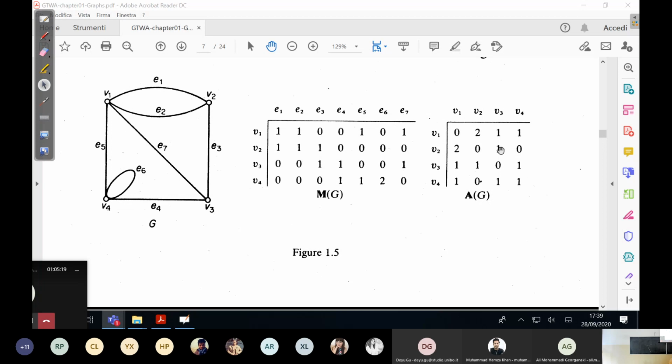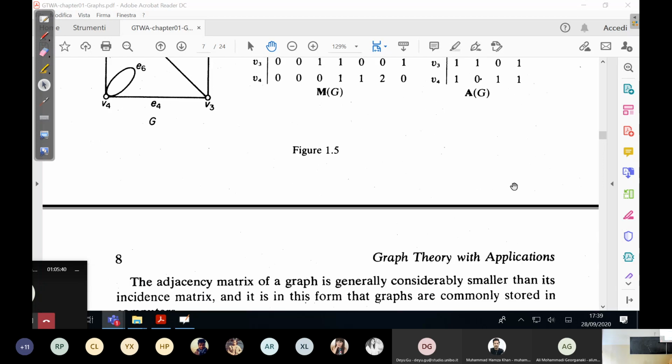If we sum along a column or along a row, here we have a symmetric matrix, then we have the number of edges incident to that particular vertex VH. So we have what we are going finally to call the degree of that vertex.